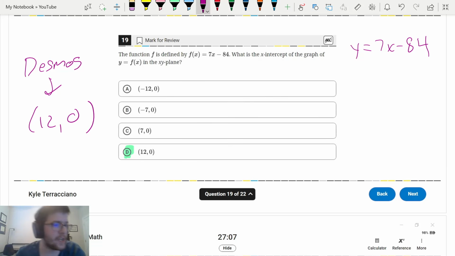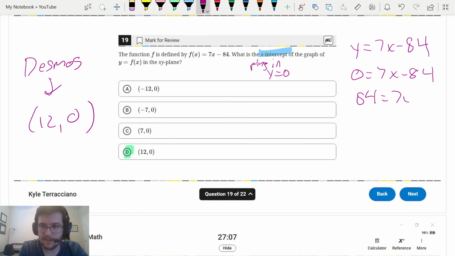I'm also going to show you how to do this by hand because it's really important. So whenever you want to find an x-intercept, you plug in y equals 0. Whenever you want to find a y-intercept, you plug in x equals 0. So we set y equal to 0. Now we're going to add 84 to both sides, and we get 84 equals 7x.